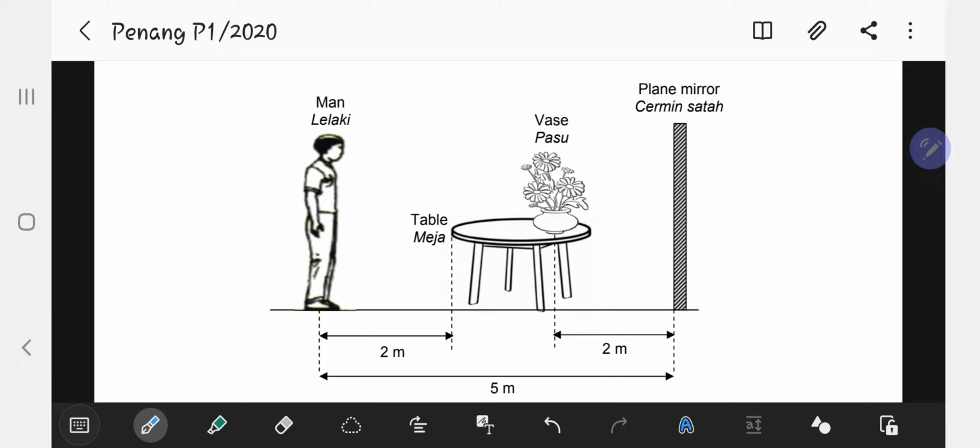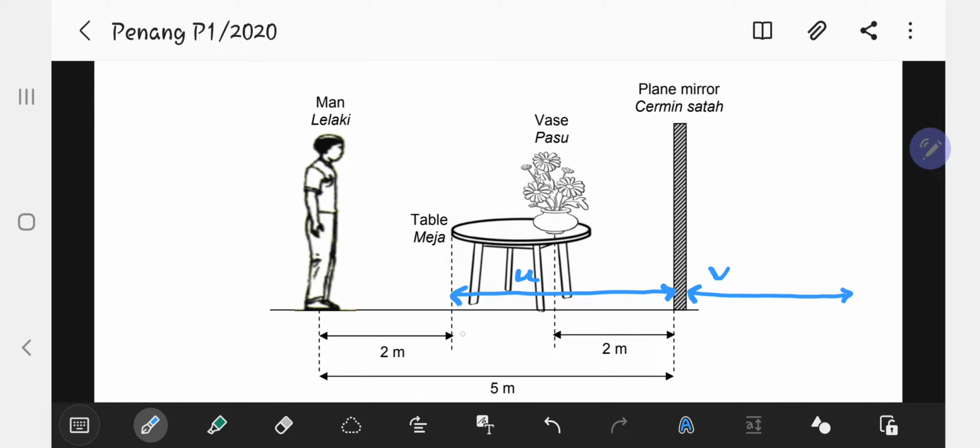The distance between the table and the mirror is this, and the image will be formed behind the mirror with the same distance. So I label this as U, and the image will be labelled as V, but the distance will be the same as U.